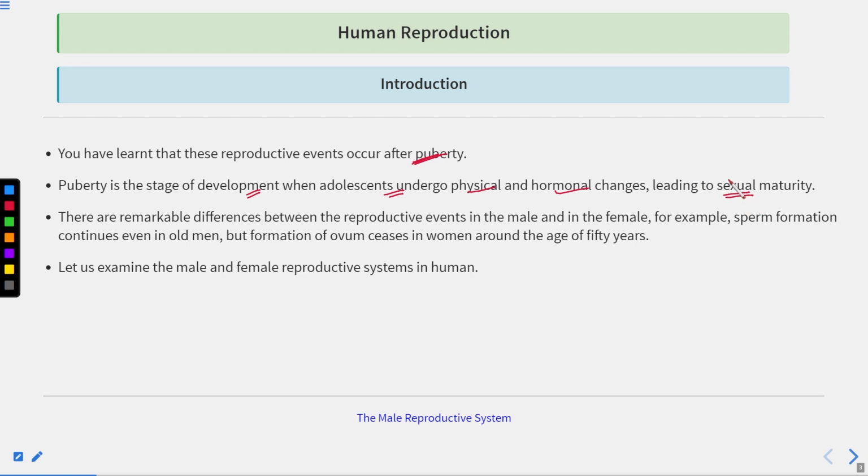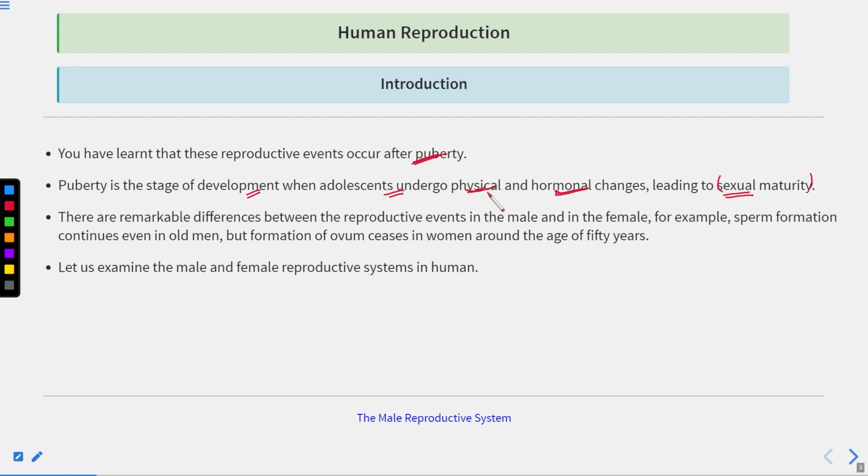At puberty, you reach sexual maturity and the primary sex organs, which are the testes and the ovaries, start producing the sex hormones. There are a lot of hormonal changes also because there is a production of the hormones. There are a lot of physical changes also.